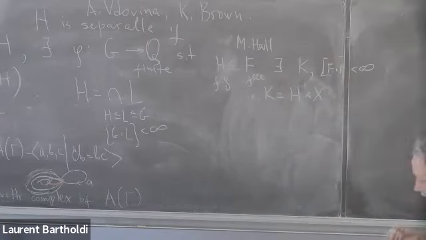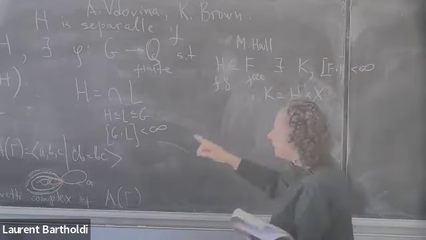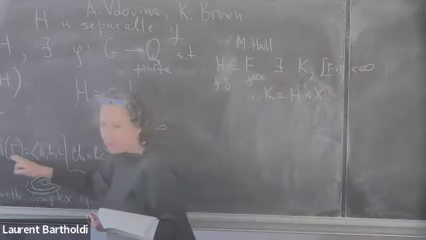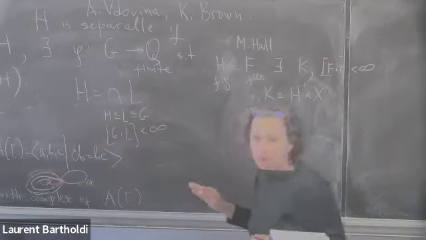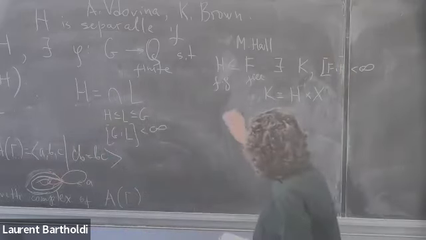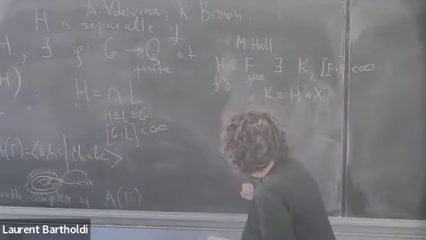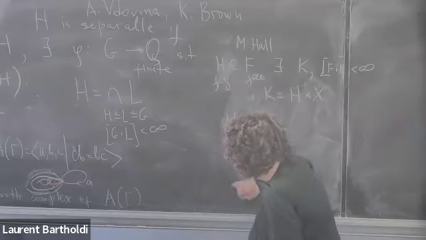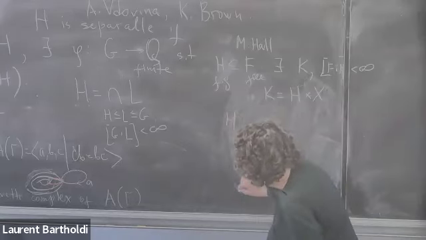The proof is very simple, and since I'm going to do something very similar for right-angled Artin groups, I'll just give an example. So let's take as H a Stallings graph, which Andrei was talking about.